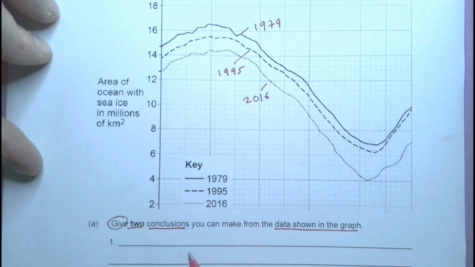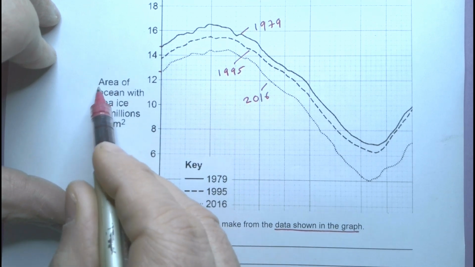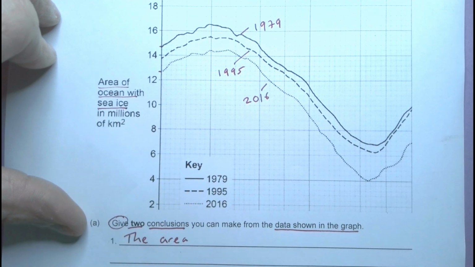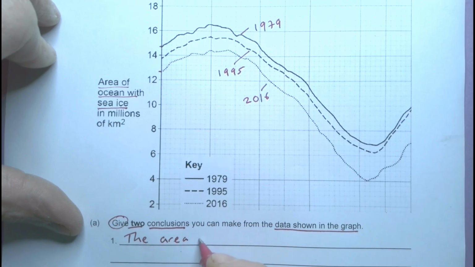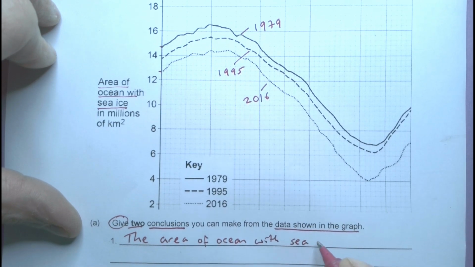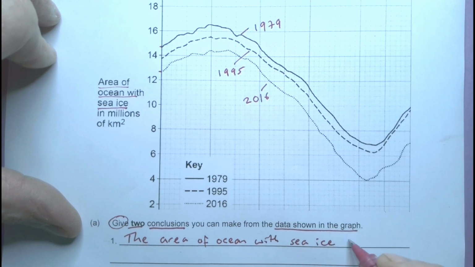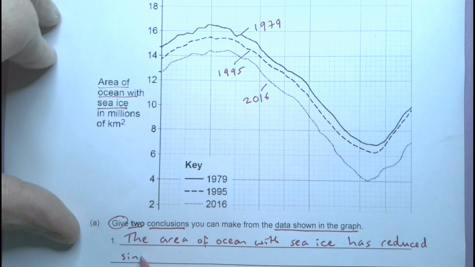So the first conclusion is that the area, I'm just going to use the exact wording of the y-axis label, so the area of ocean with sea ice has reduced since 1979.